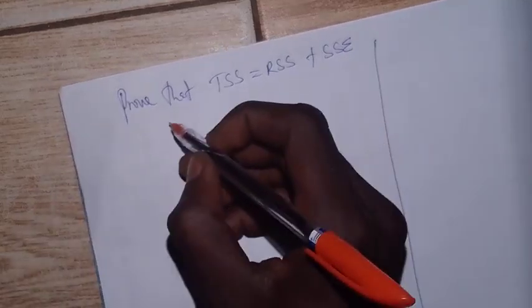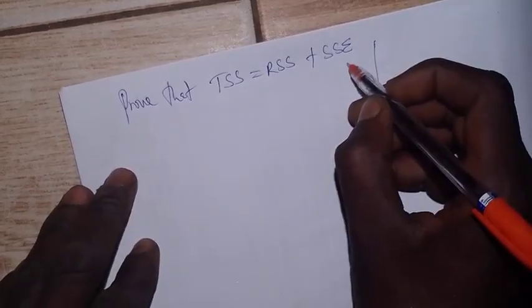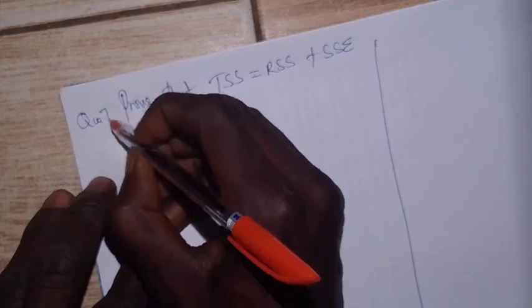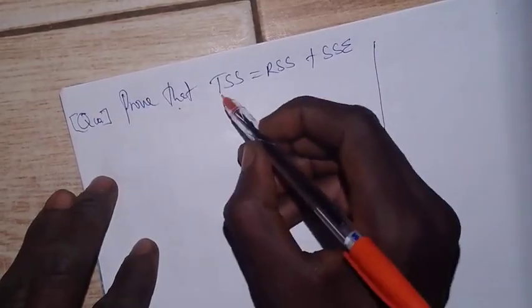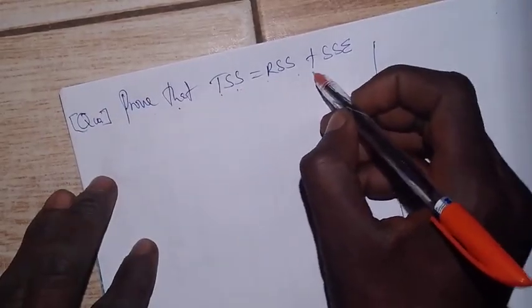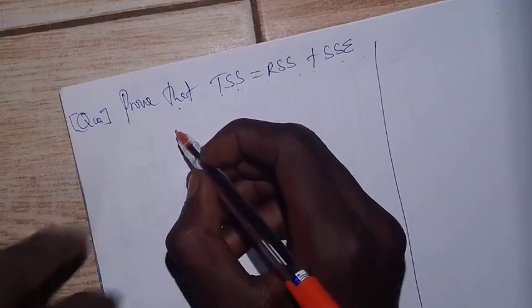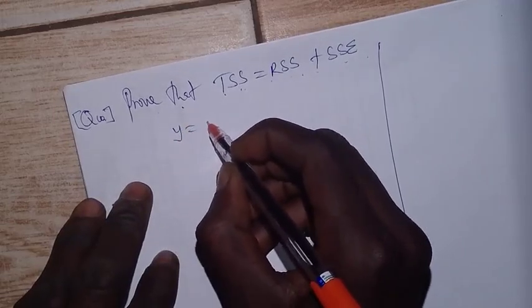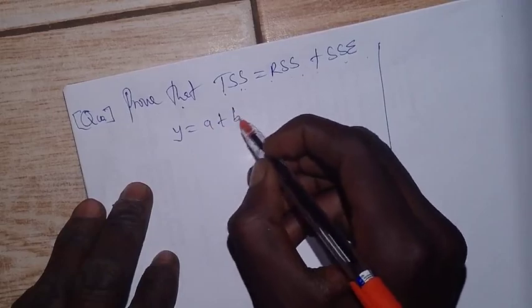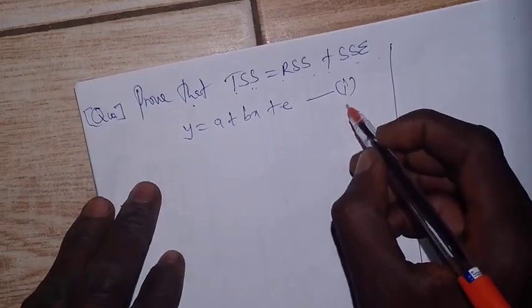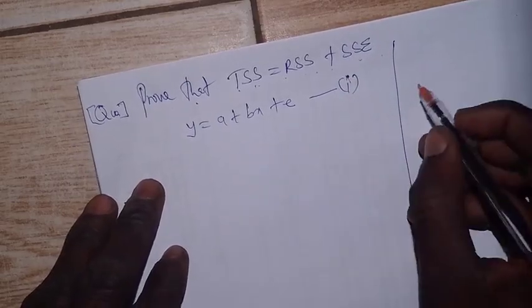Now, if you want to solve this question, let's say this is the question: prove that total sum of squares is equal to regression sum of squares plus sum of square error. First, remember our regression equation: y is equal to a plus bx plus e. This is equation 1, our normal regression equation.